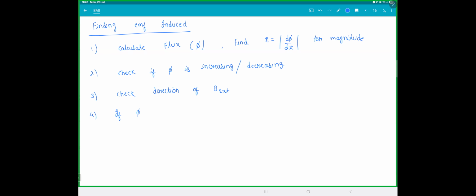If flux is increasing, B induced is opposite to B external.